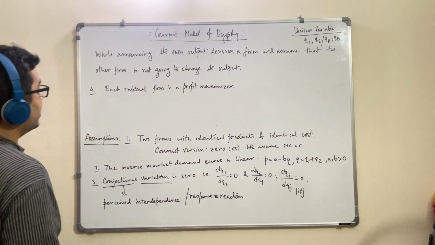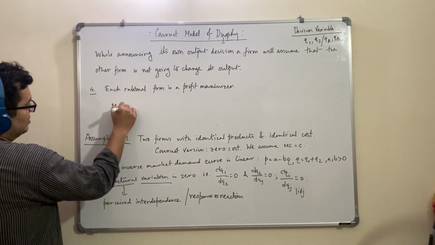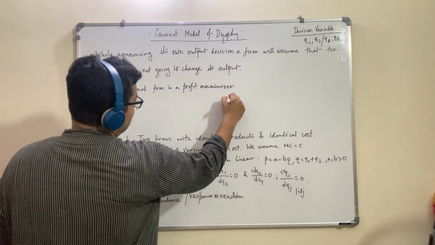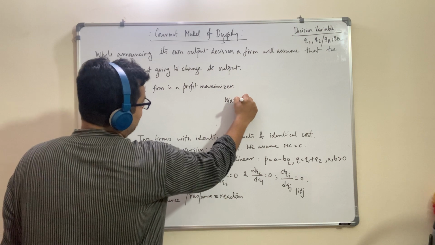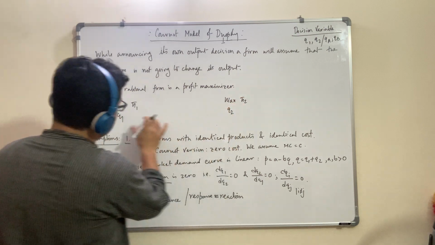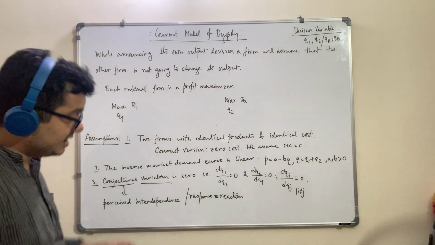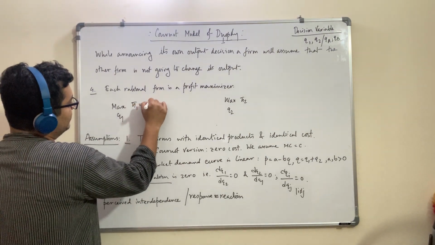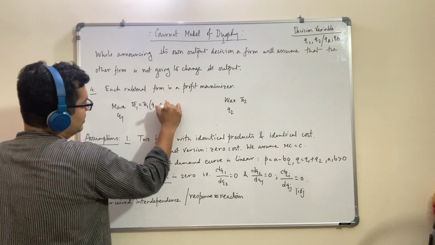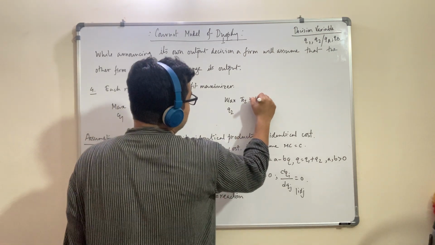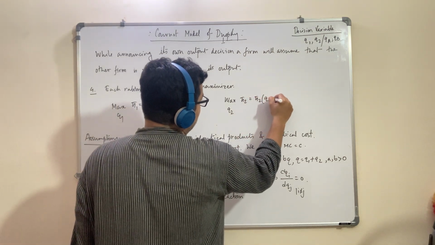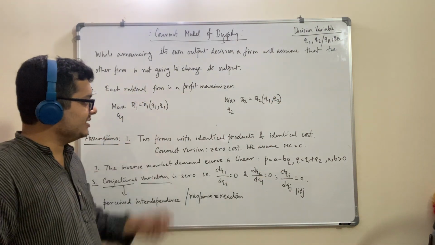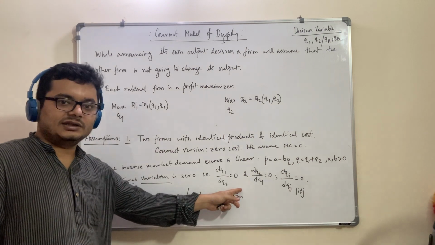The problem we are looking at will look something like this: max over Q1 of pi 1, and maximize pi 2 against Q2. But here comes the difference. Here this profit function will be a function of Q1 and Q2, and here also this will become a function of Q1 and Q2, and this is the big difference.